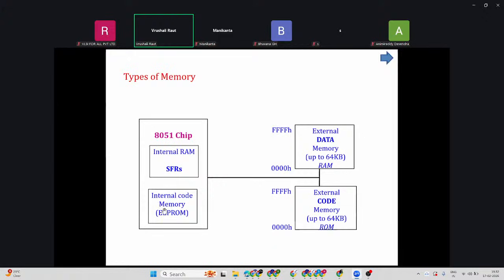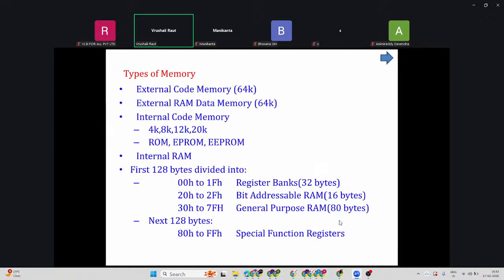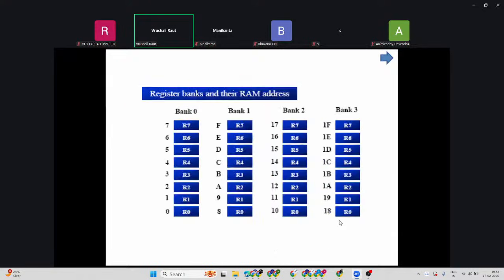But if more memory is required, we can connect it externally, right? 64 kilobytes of program memory can be externally connected. Similarly, for data also 64 kilobytes of memory can be externally connected. So that much external support we can give to the 8051. If we need more data and more program memory, that is our requirement, we can go for that type of connection.